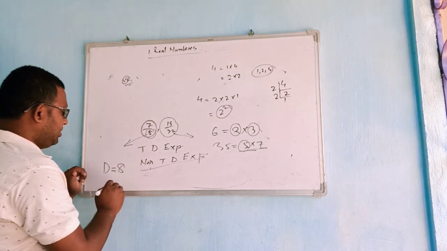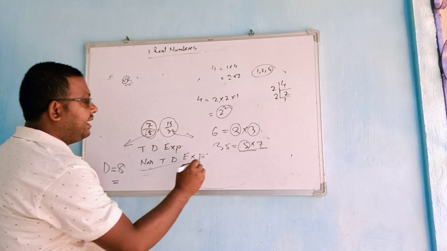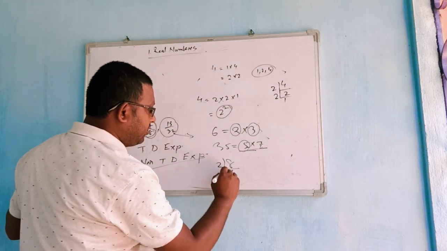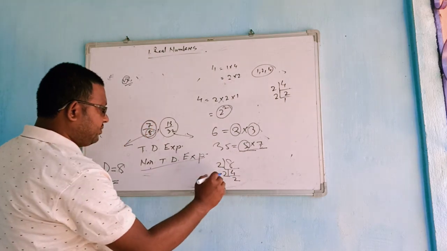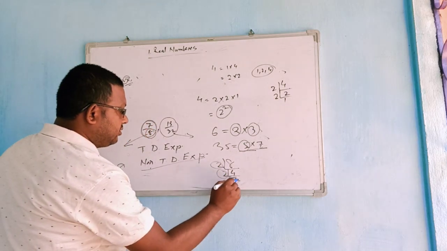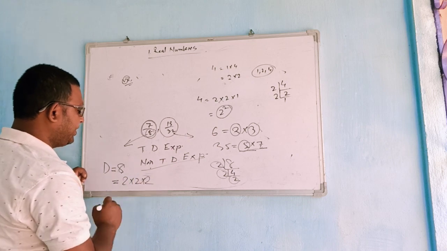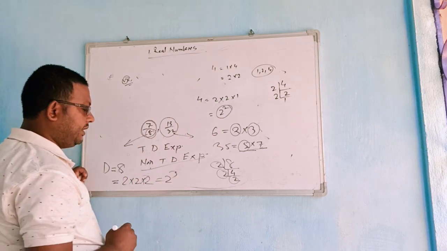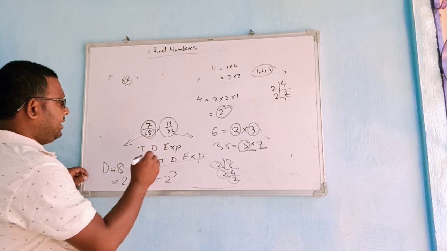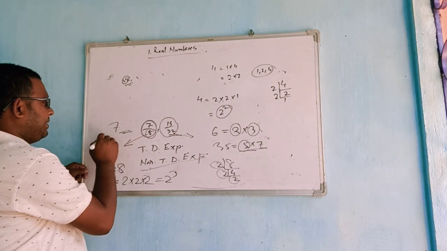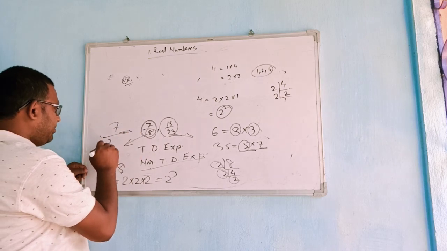The denominator is 8. So we have to factorize 8: 2, 4, 2, 2. This means the factors are 2 into 2 into 2, which can be written as 2 cube. Similarly, 7 by 8 has denominator 2 cube.